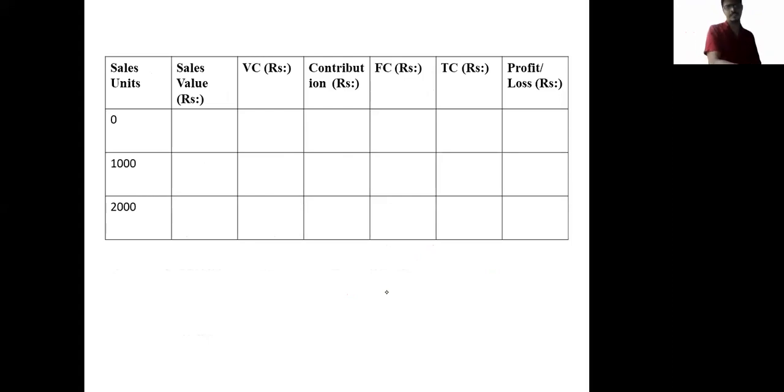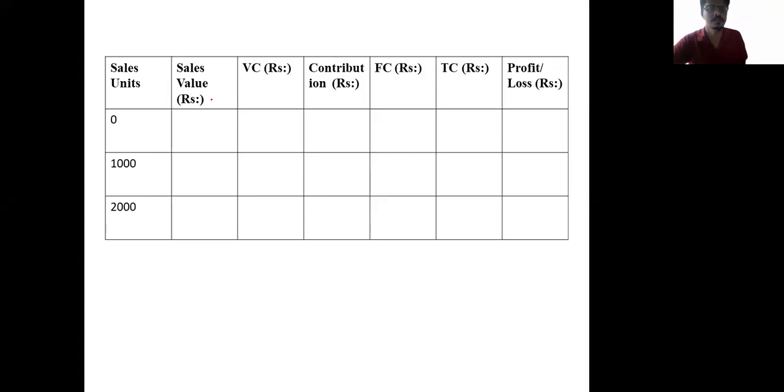Okay, let's see. First of all, let's prepare a table like this. Draft this table, a table like this with these cells. And again, let's fill it according to the details we have been given. Based on the given details, you can now fill the table.